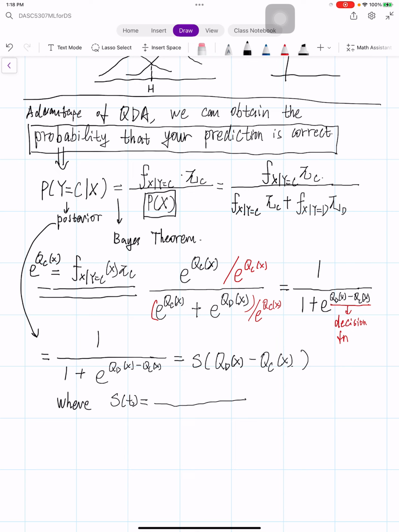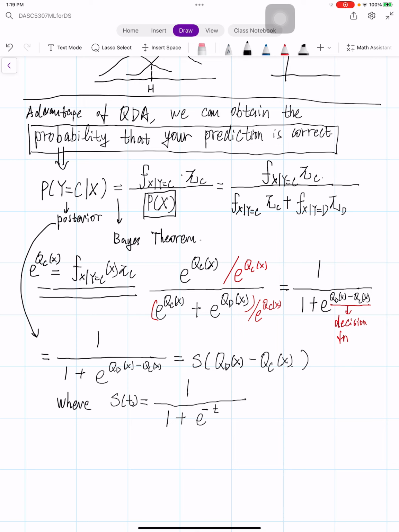You are going to see such a function a lot. It equals 1 over 1 plus e to the power negative t.